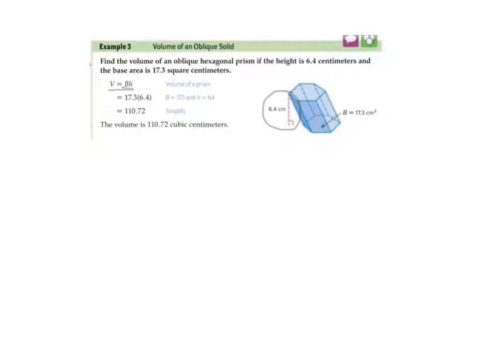The diagram tells you the base is 17.3, so it's just a case of substituting in and you get 110.72. And again, go back to the question: is it one decimal place, or like this example, two decimal places?